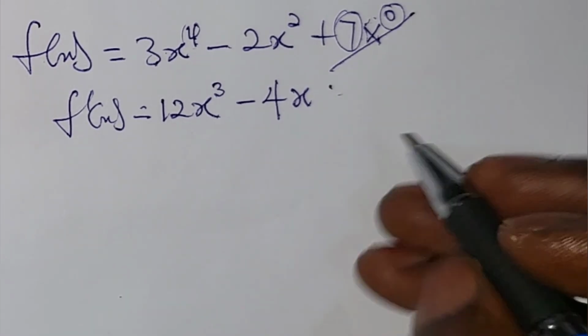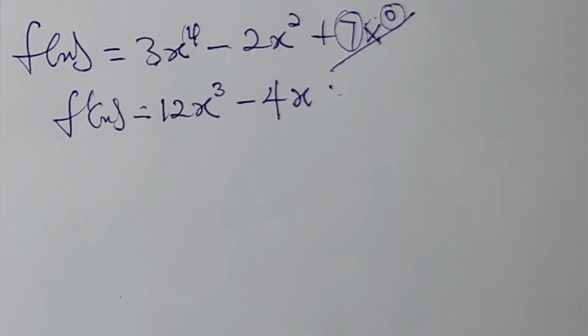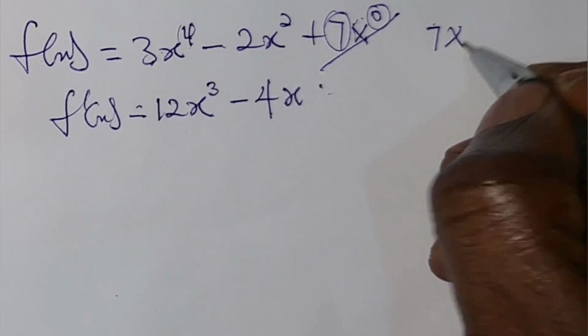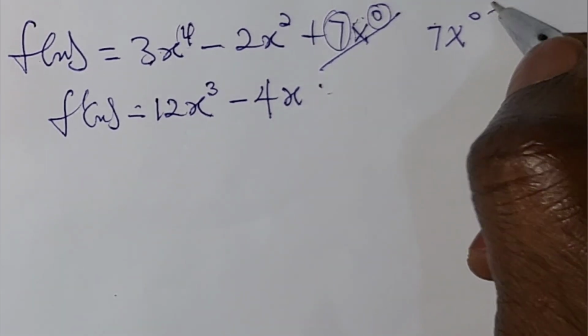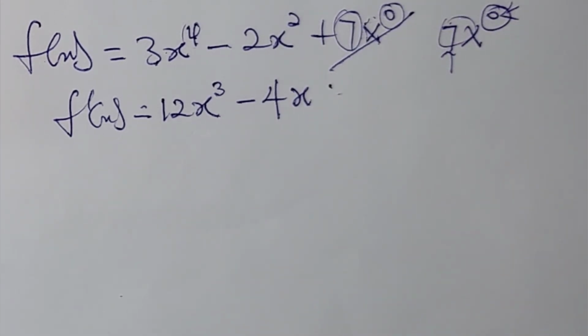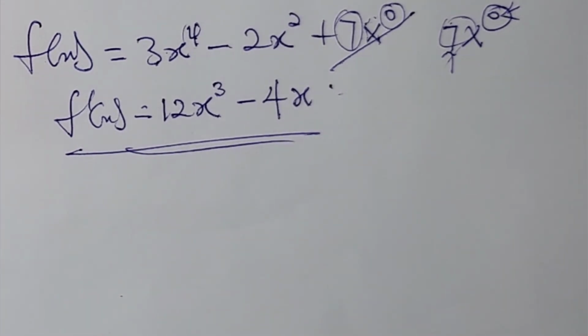I hope you understand the reason why the differential of a constant gives you 0. When you multiply n by a, you're going to get 0, so it cancels out, and then this becomes our f prime of x, the derivative of the function.